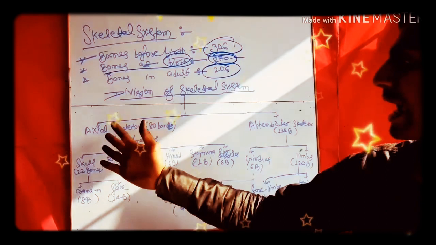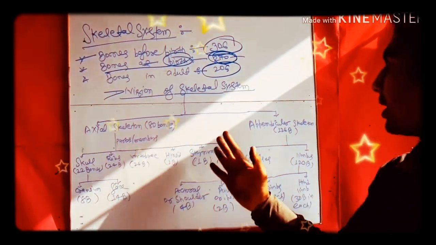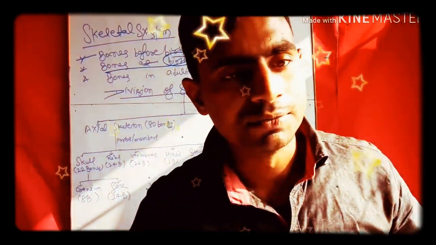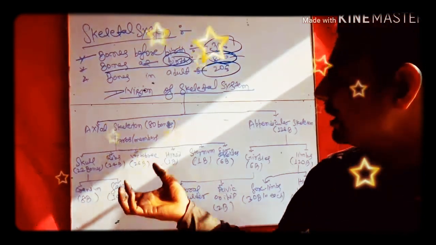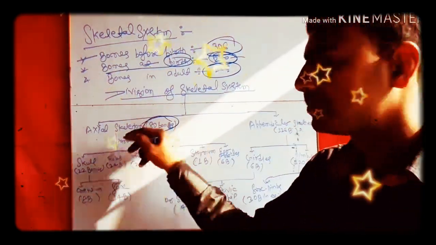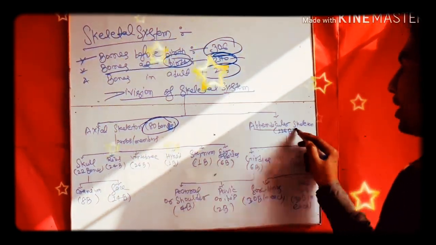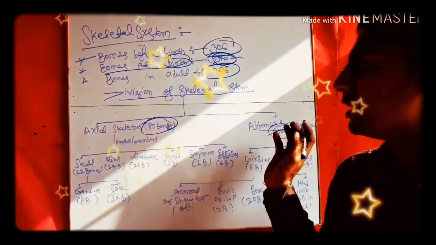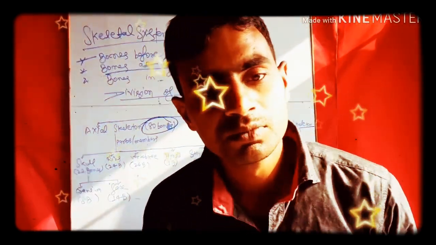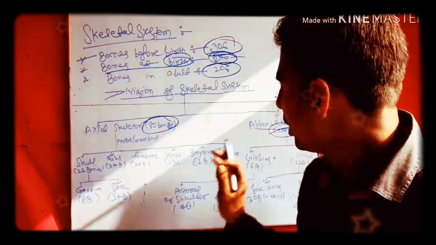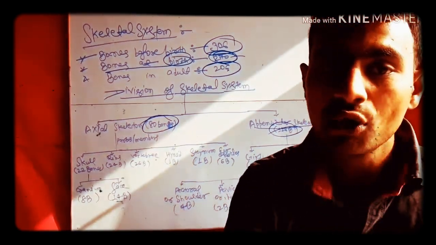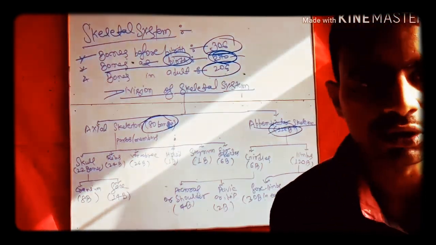One part is the axial skeleton, and the other is the appendicular skeleton. The axial skeleton contains 80 bones and the appendicular skeleton contains 126 bones. If you add 126 and 80, you get 206 bones.